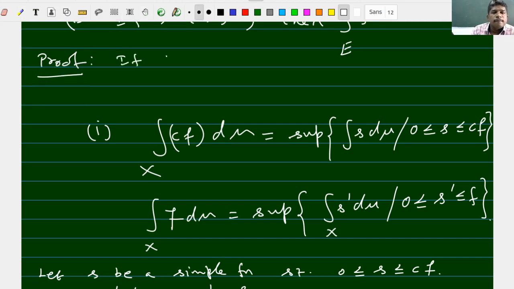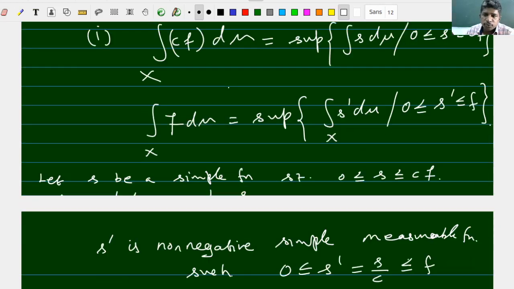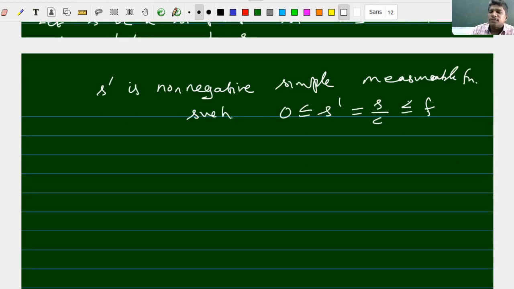If c equal to 0, the result is trivial, and we assume that c is non-zero, that is, c greater than 0. For the discussion with c greater than 0, c is cancelled, so s dash is less than or equal to f.